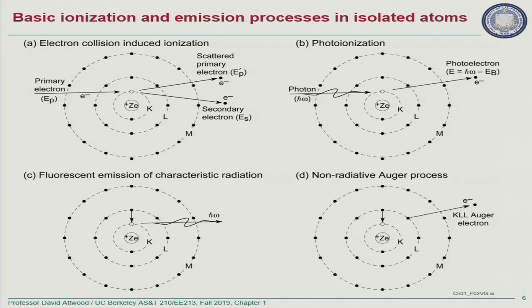And then you could have a little bit more exotic process, an Auger process, where an electron relaxes to a lower state, and essentially because of some conformational reasons, it becomes energetically favorable to kick out another electron. This is a less common process.